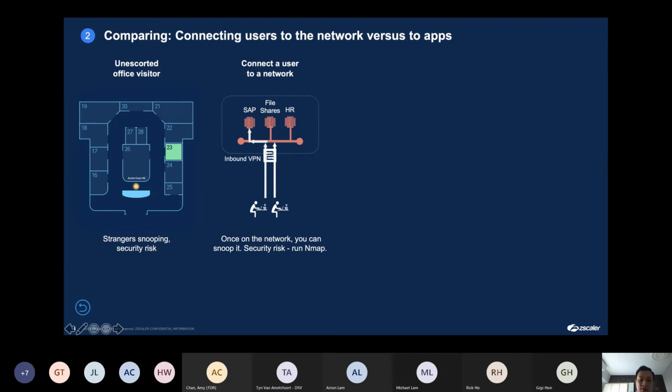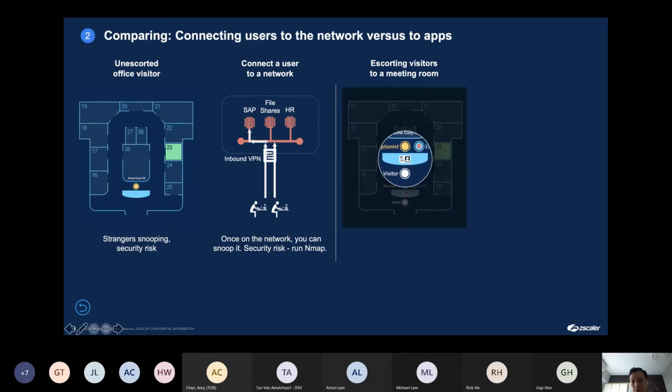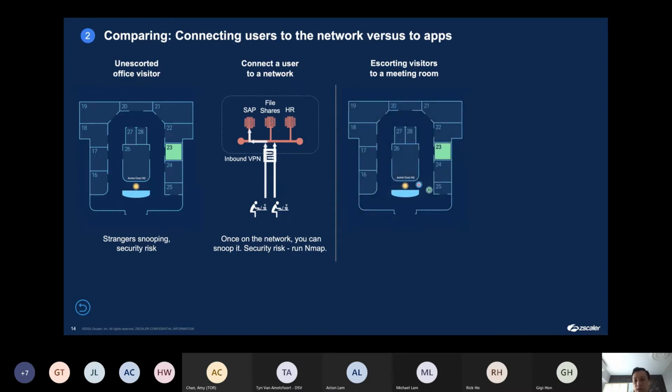So what we think we should do is, instead of allowing the visitor to go anywhere, have a person escort the visitor. Even if a visitor got a badge, we will have someone make sure that the visitor is only allowed to access meeting room 23, and they will be escorted after the visit.